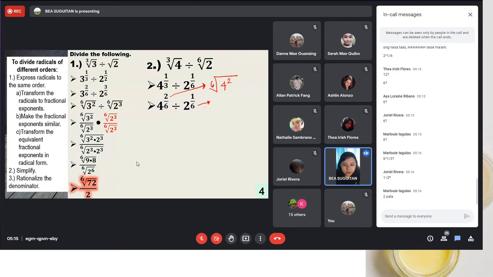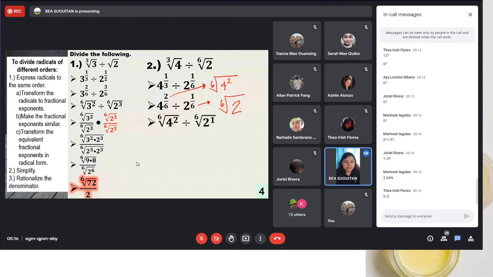Okay, sabi ni Marlouie, meron siyang pahabol. 2, saan ko ilalagay yung 2, nak? Medyo nako-confuse si ma'am. Enlighten me. Okay, Joriel? Sabi ni Thea, 6 root of 2. Okay, how about Joriel? What is your answer? Napindot lang ba? But Thea's answer is 6 root of 2, which is correct.